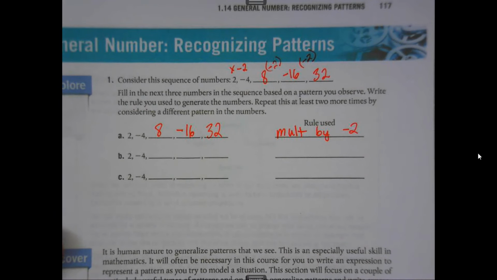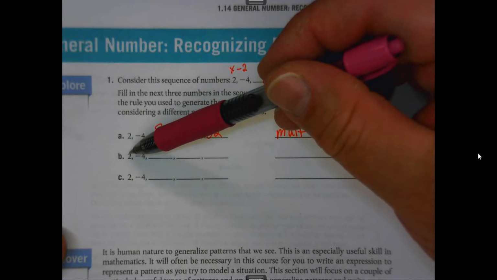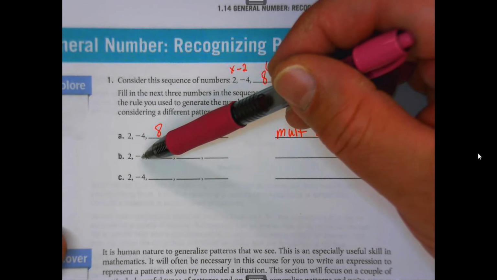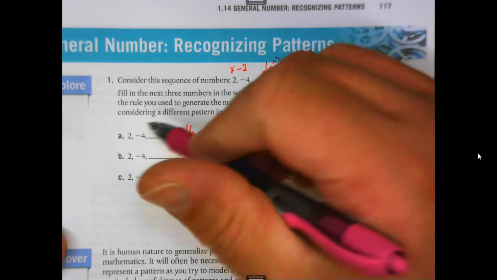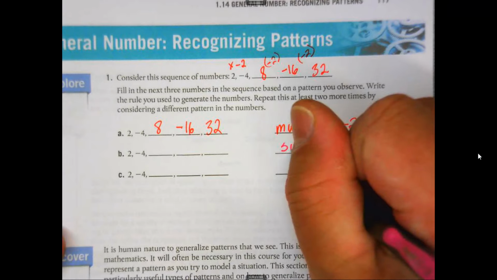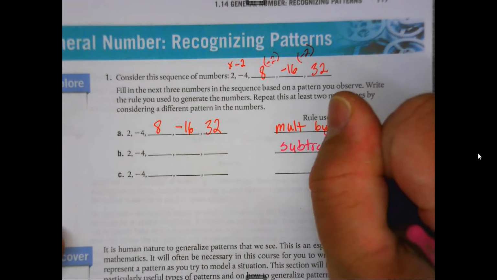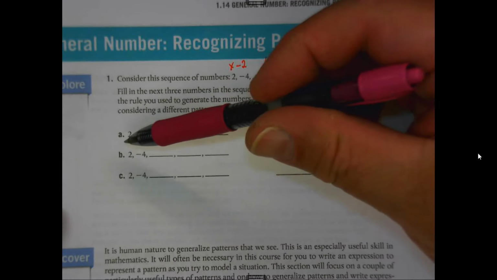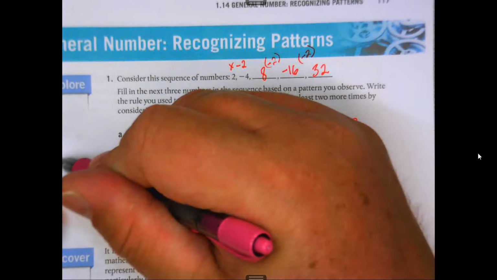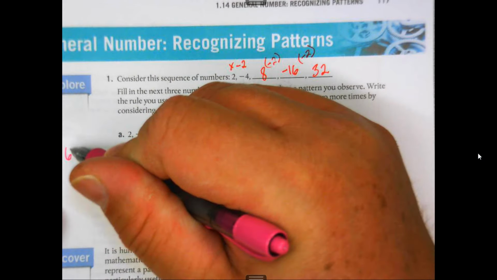So one way I can get from 2 to -4 is to subtract 6. So what if I subtract 6 from the first number? 2 minus 6 is -4.